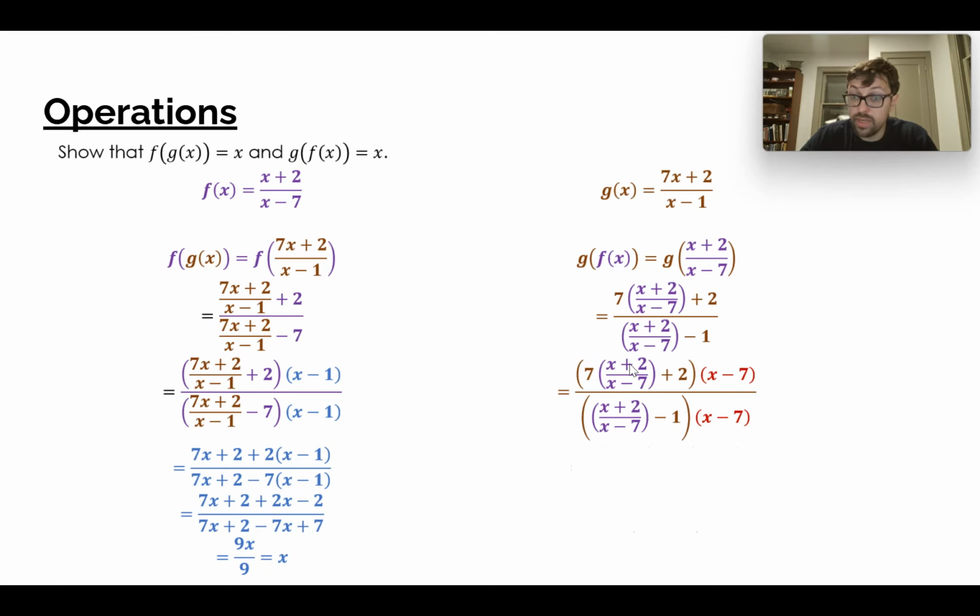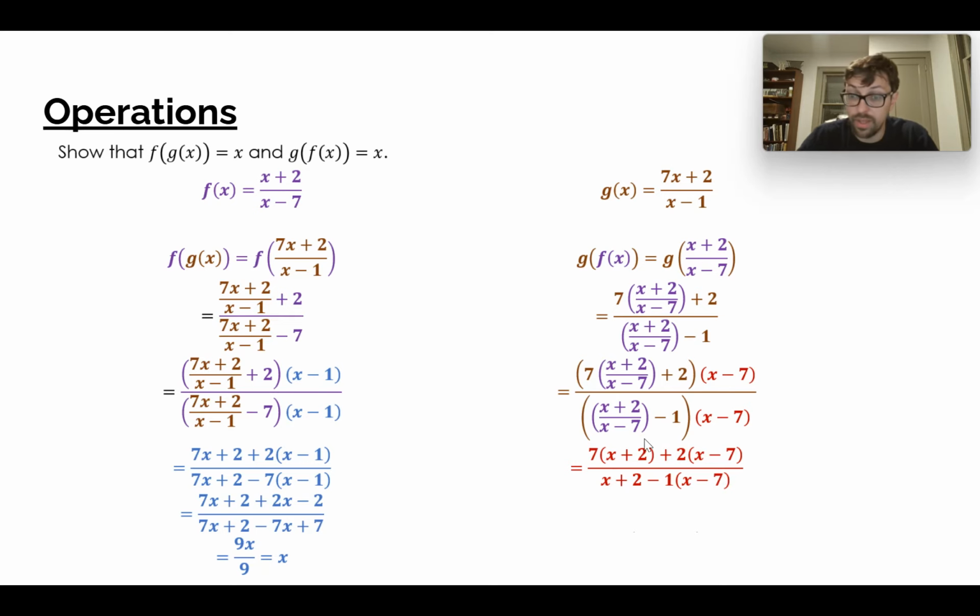We'll still have the 7 times x plus 2, and then that 2 gets multiplied by the x minus 7. Remember, this is distributed into there. If we check down here, this x minus 7 times this x minus 7 will cancel out. So we're just left with the x plus 2, but we still need to distribute the x minus 7 into this negative 1. So we get negative 1 times x minus 7.